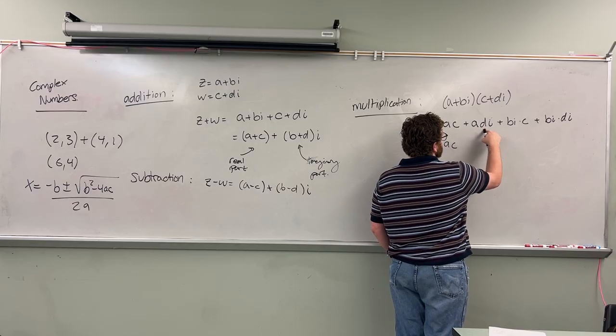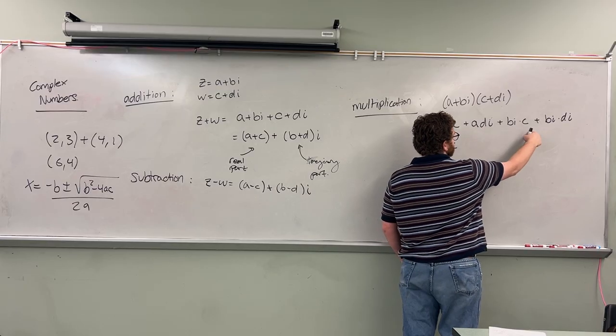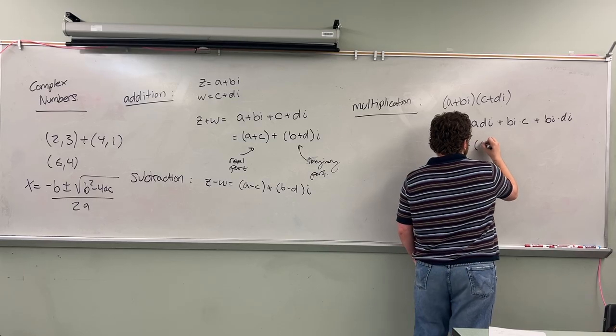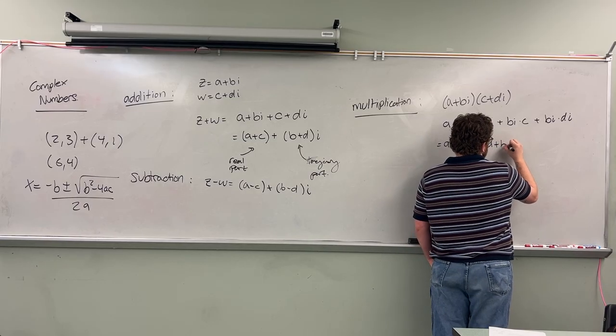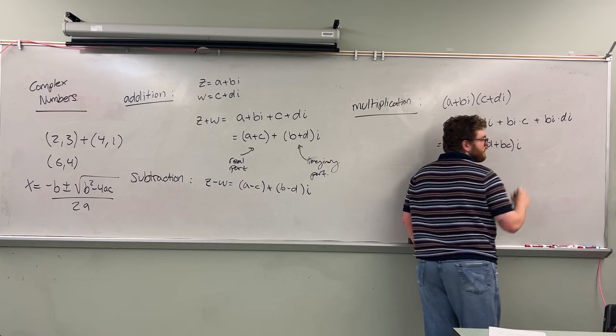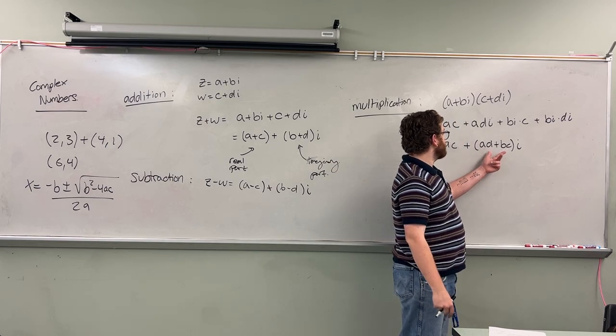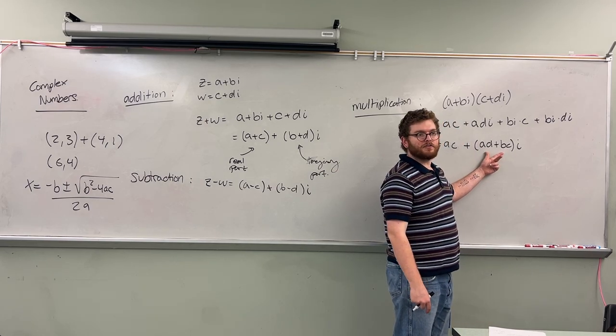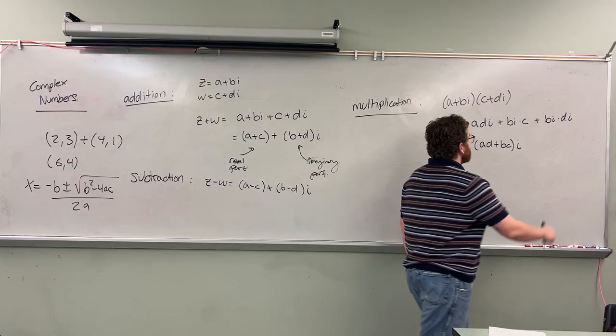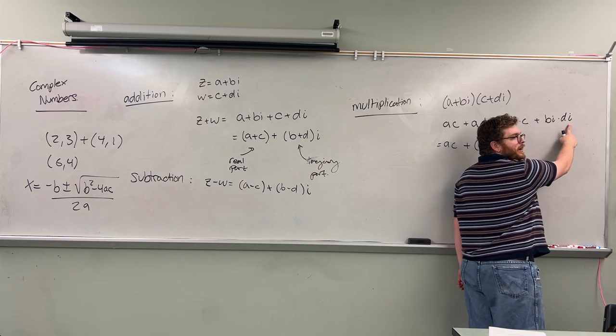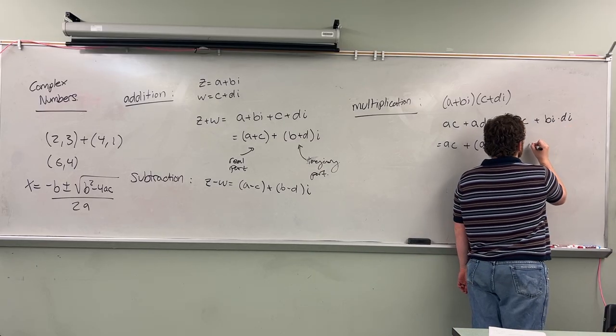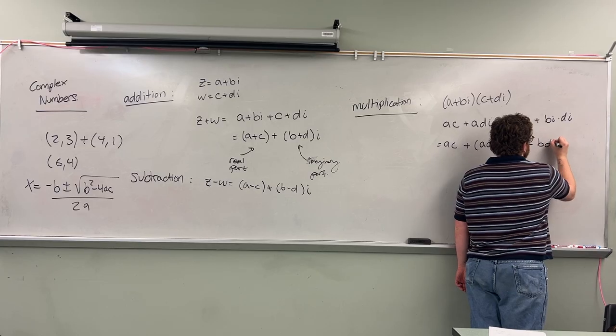And then I have AD with an I and BC with an I. So I can just pull the I outside. This is going to be my imaginary part of the solution. And then if I multiply I with I I get -1, so I get minus BD.